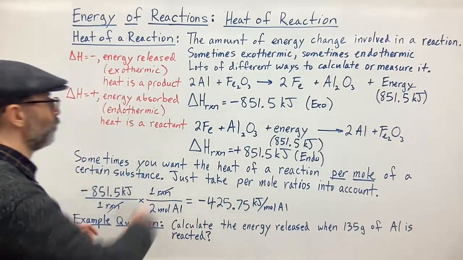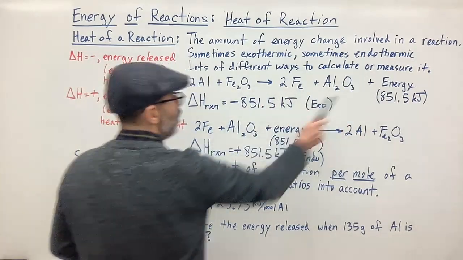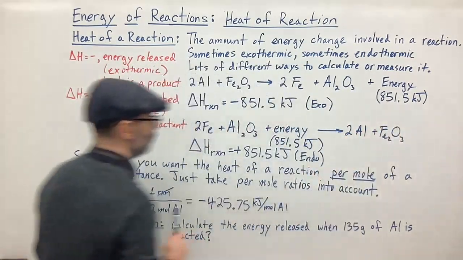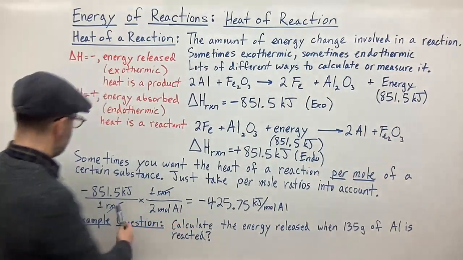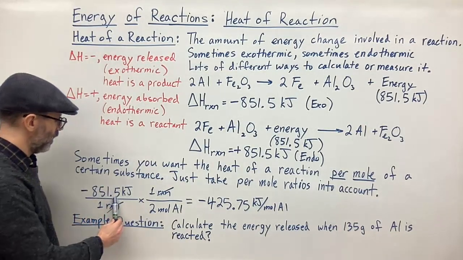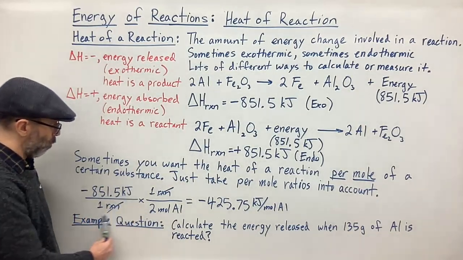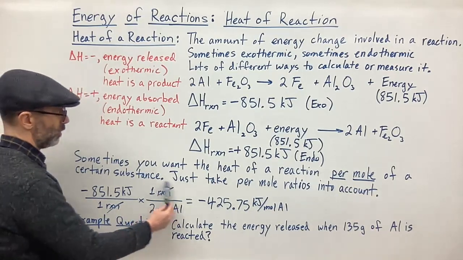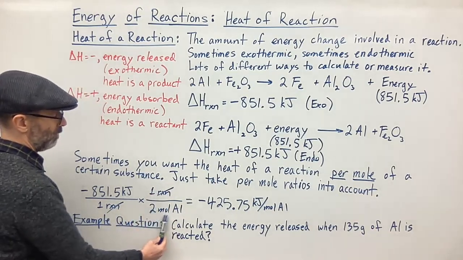So for example, if we were to use this reaction here with 851.5 kilojoules of energy released, we would take the negative 851.5 kilojoules per one reaction, and convert that to moles of aluminum.